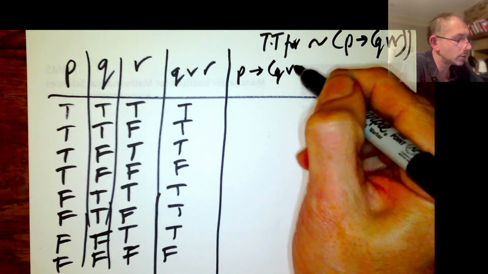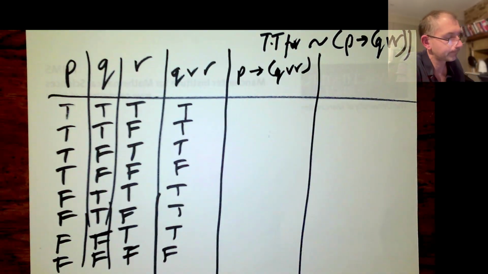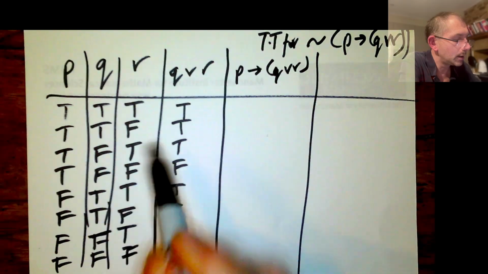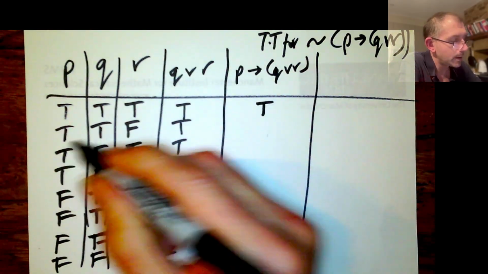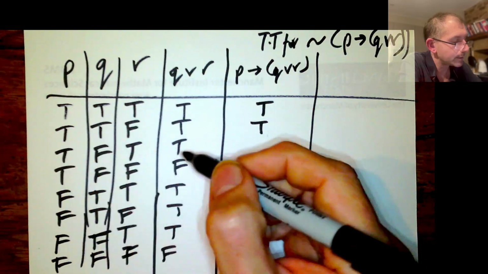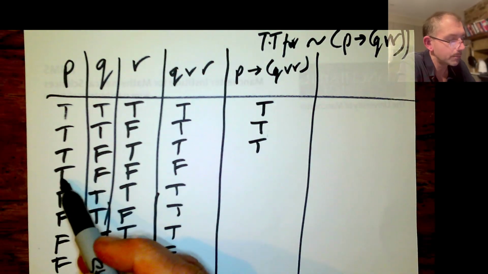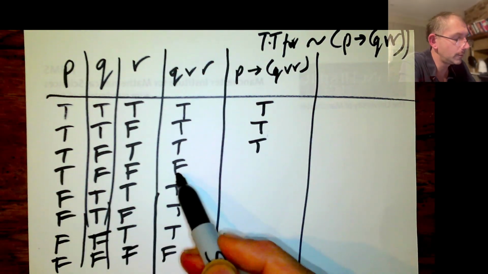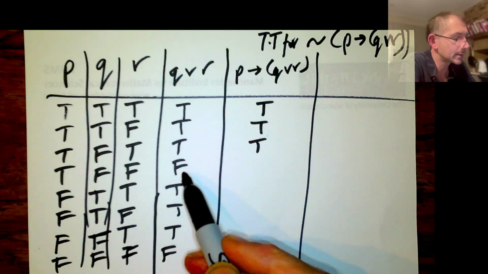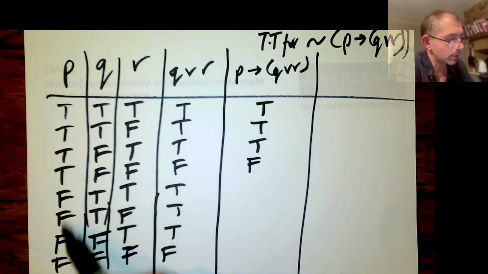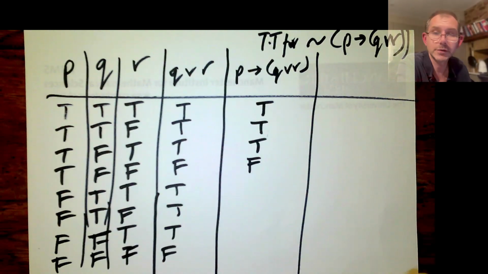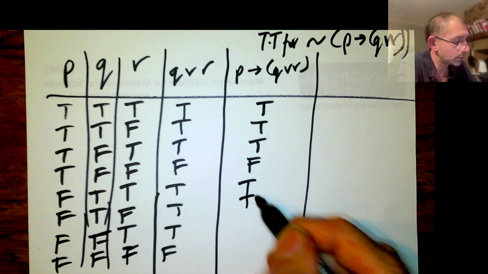P implies Q or R. This is true and this is true, that's fine. Similarly, fine. Similarly, fine. But not here. True, false. So P does not imply Q or R. Otherwise, P is false, and false implies everything. So these are all true.